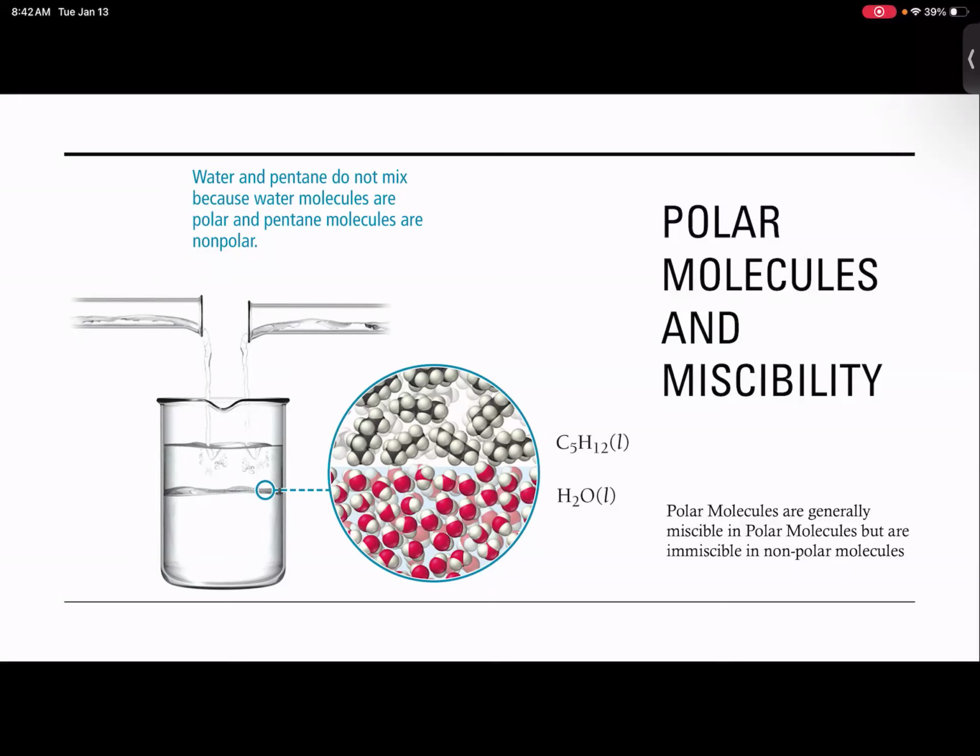If you draw the Lewis structure, and you see that it has a lone pair on the central atom, you can guarantee it is going to be polar. I'm not talking about the outer atoms, the external atoms. I'm just talking about central atoms.